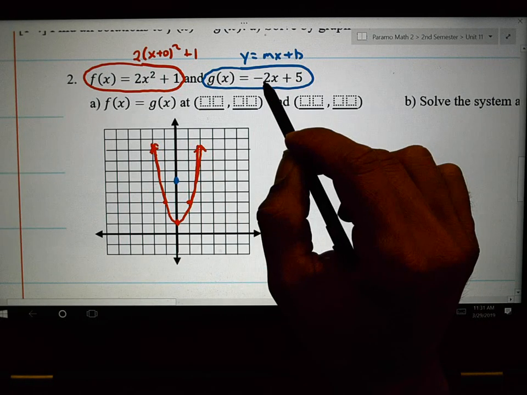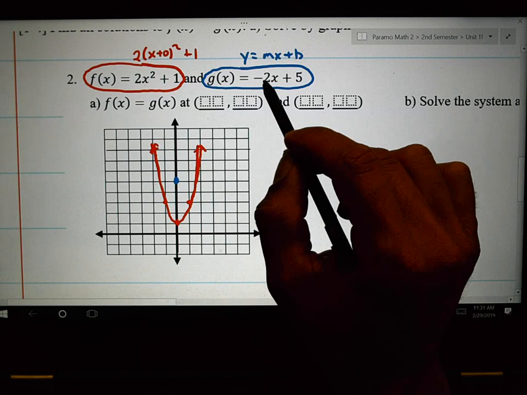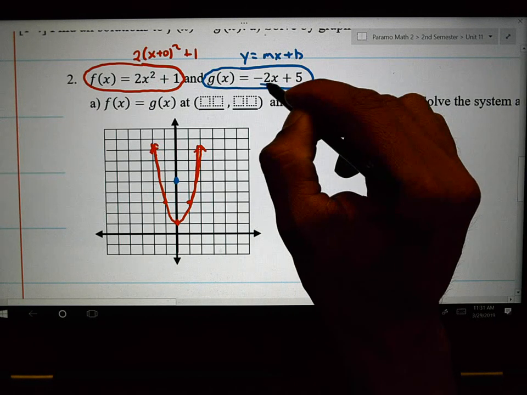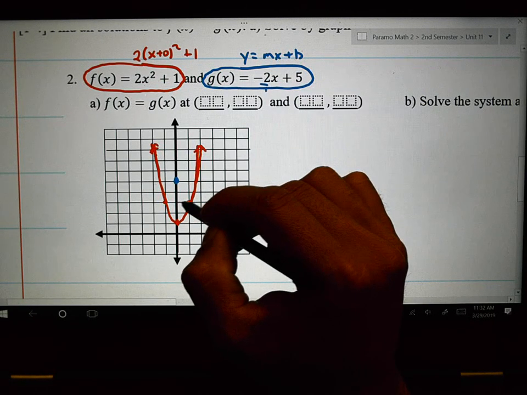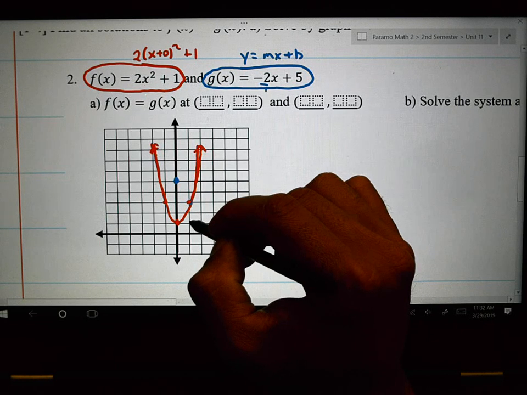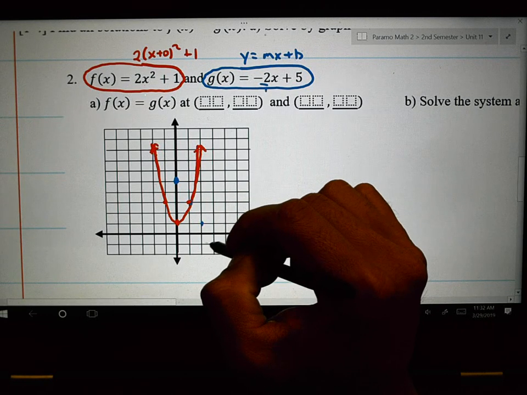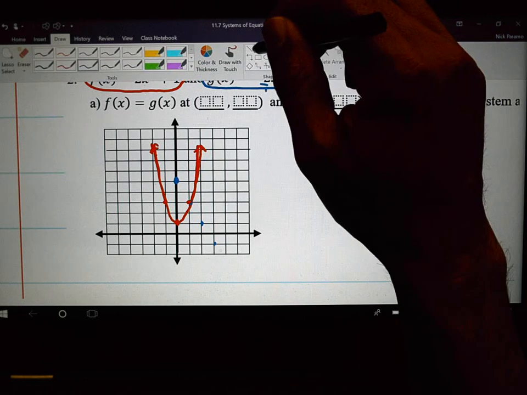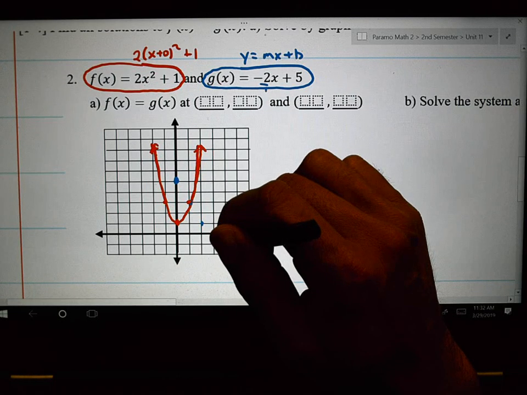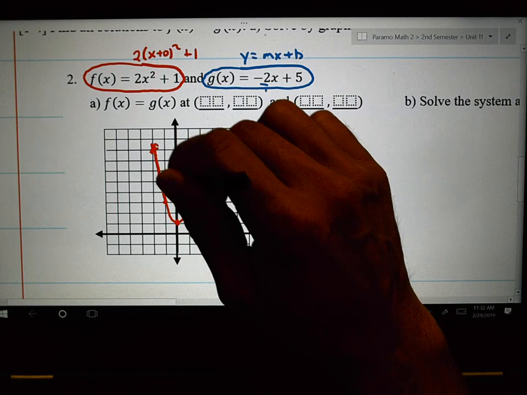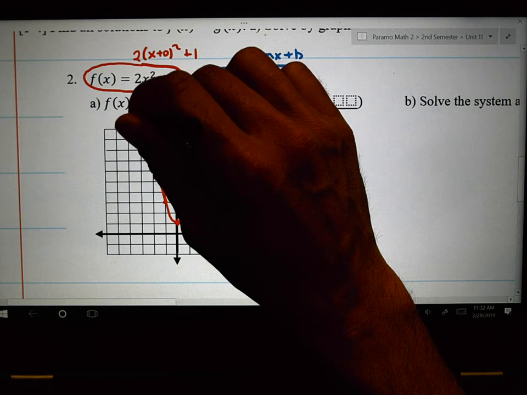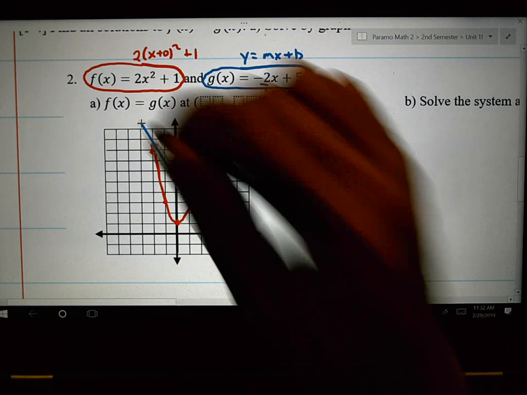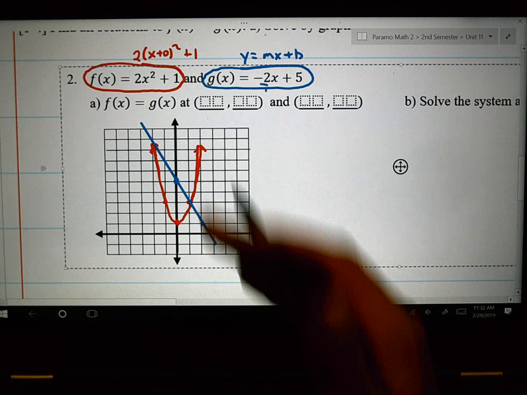And this is your slope. The slope is down 2 as a fraction, down 2 over 1. Down 2 over 1, down 2 over 1, down 2 over 1. It makes a line. I'm just going to draw a line from here. There's a line.